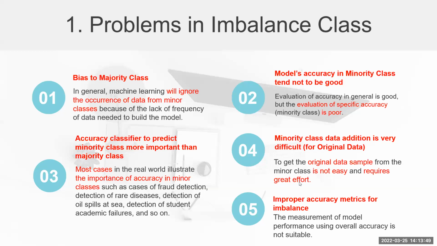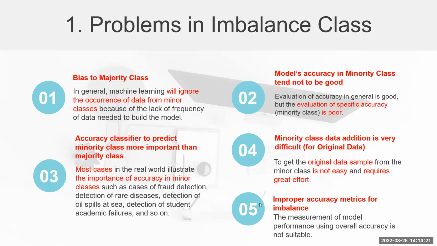We can imagine that rare disease data is very difficult to get, because the frequency of people who get the rare disease is very small. Might be 1%, 2%, until maybe 10%. To get more data, it is difficult.